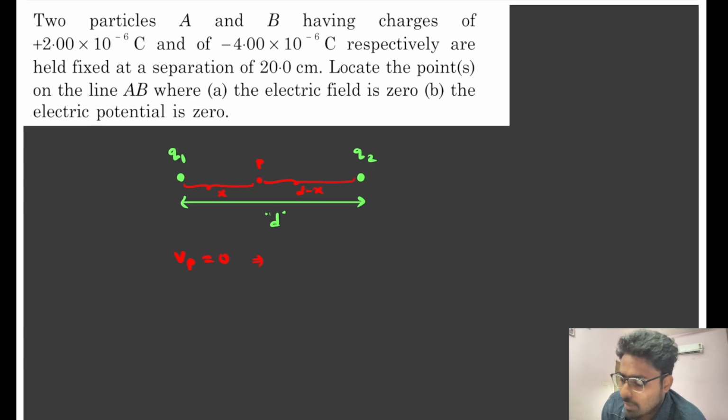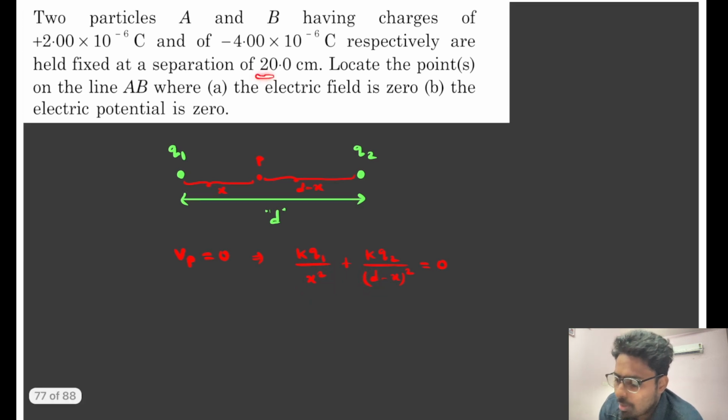Here, as it is scalar, simply I'll add kq1 by x plus kq2 by (d minus x), which you should equate to 0. Then substitute the values of q1 and q2, and also the value of d, which is 0.2. From here you will get the value of x.